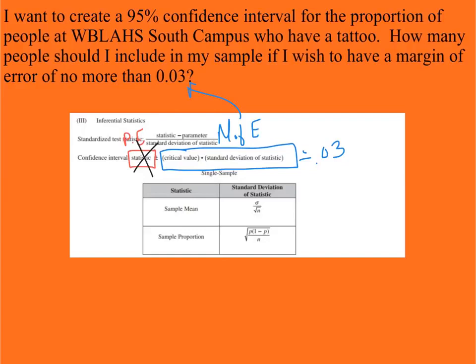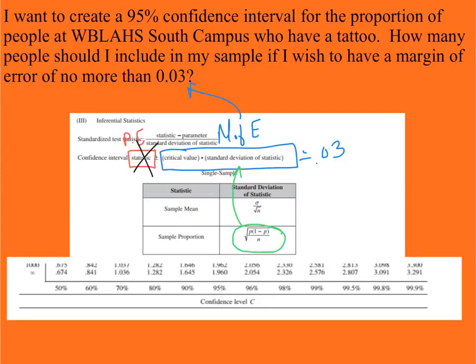I know the standard deviation of my statistic, since I'm dealing with proportions, is this formula, and now I need a critical value that goes with 95%. If you look at the bottom of table B in your formulas and tables, the critical values are down here. We wanted 95%. It is the one right above it, 1.960.